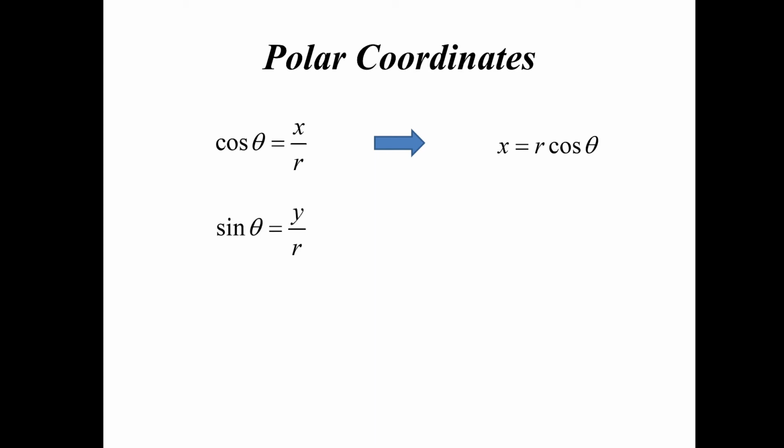And sine of theta is y over r, so therefore y equals r sine theta. One thing we noticed from the circle is x squared plus y squared equals r squared, using the Pythagorean theorem. In other words, tangent of theta equals y over x, because with the right triangle we have opposite over adjacent.